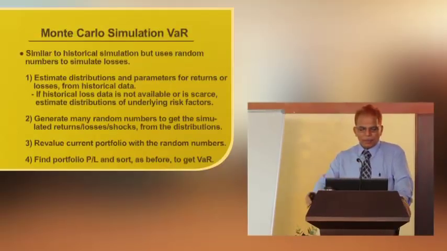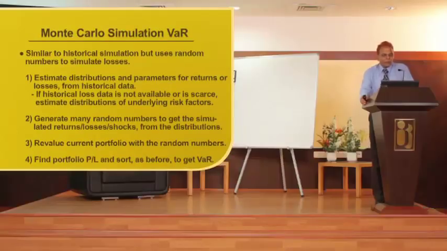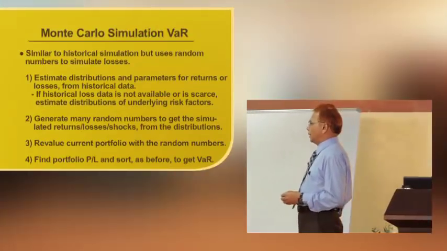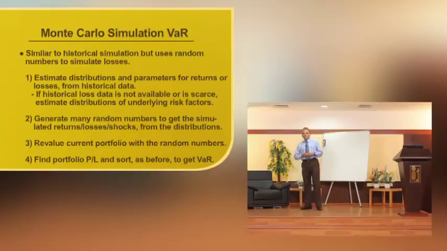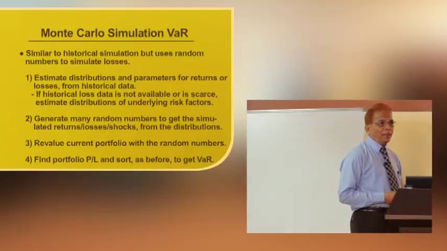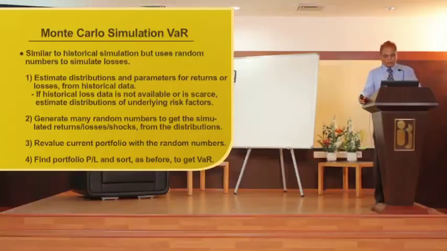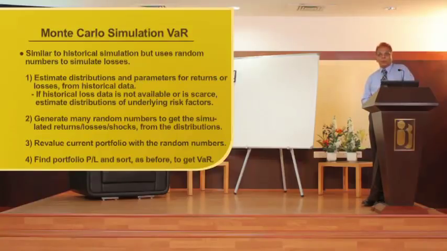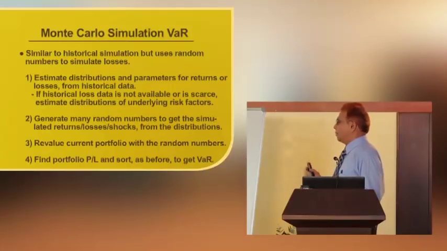Monte Carlo is quite similar to historical simulation, but uses random numbers to simulate losses rather than actually using the historical data. It forms the distribution, uses the historical numbers to estimate the distribution, and then as far as the future rates or volatilities are concerned, it uses simulations, possibly different paths, and then strikes the most possible path using a very data intensive and very system intensive methodology.